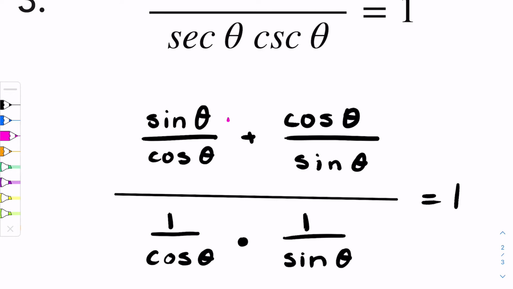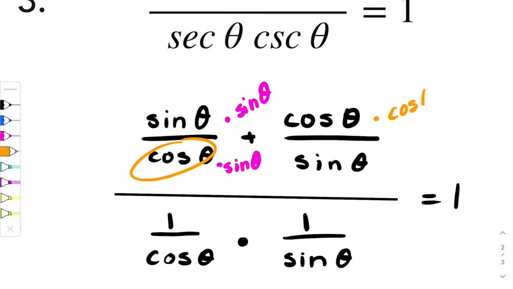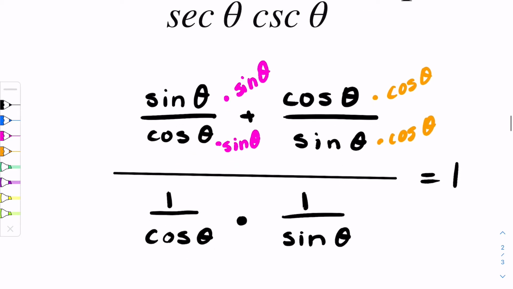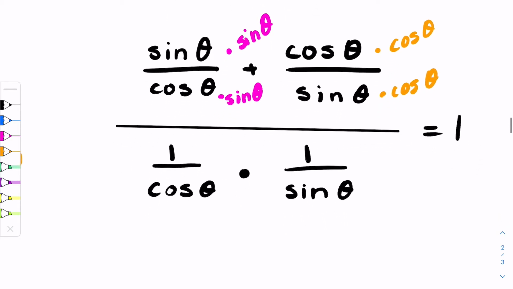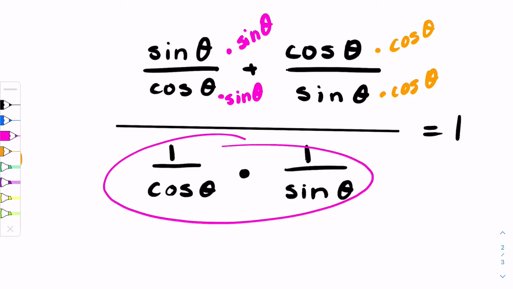The first expression will be multiplied by sine of theta, and the second expression is going to be multiplied by cosine of theta. In the denominator, I'll be able to just multiply these together in one shot because it's already multiplication.